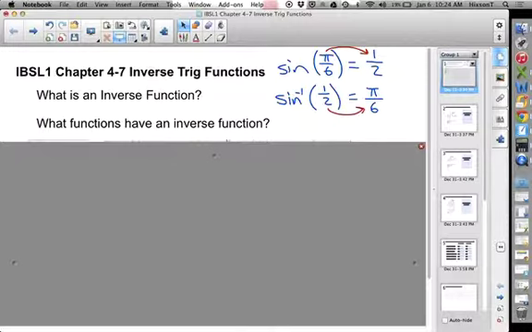The vertical line test, okay? So then how did we tell if it would have an inverse function? Horizontal line test, okay? And that's because, as Nick said, we reflect it across the line y equals x, and if it doesn't pass the horizontal line test, then when we flip it, it's going to fail the vertical line test, okay?